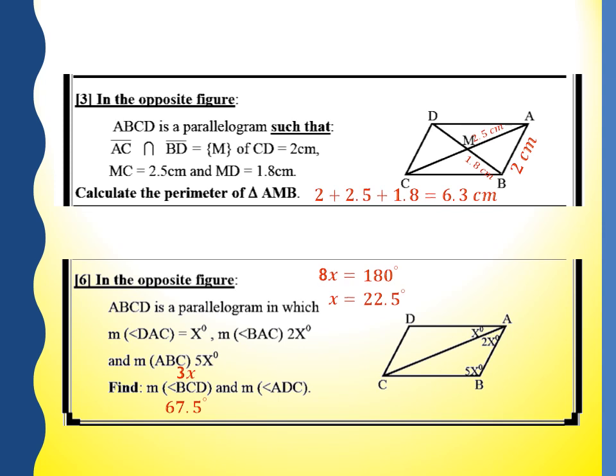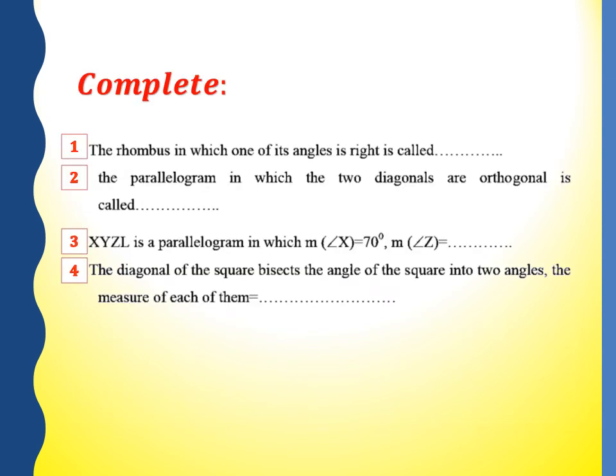And angle ADC equals the measure of angle B, which is 5x. 5x means 5 times 22.5 degrees, which is 112.5 degrees.